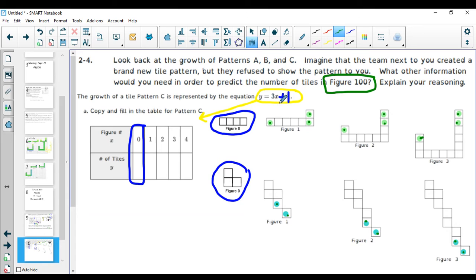In the equation, we knew that it was always growing by 3. We could tell that in a table by what the y value is increasing by when x goes up by 1. If we know our starting value and what it's growing by, then we can figure out what figure 100 would be by extending that pattern.